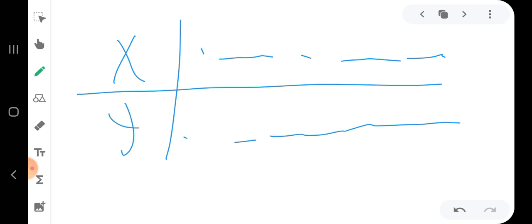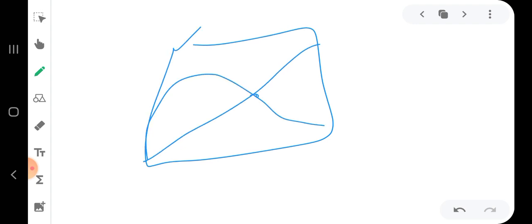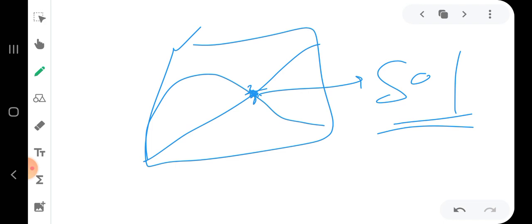And then I need to solve graphically. How am I going to solve graphically? From mathematics, you know that if I have two functions and they intersect at a point, this point of intersection will be my solution.